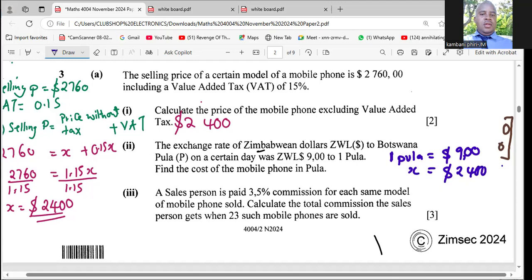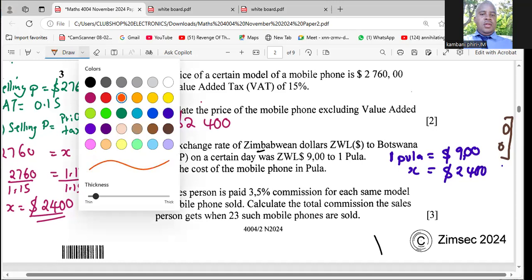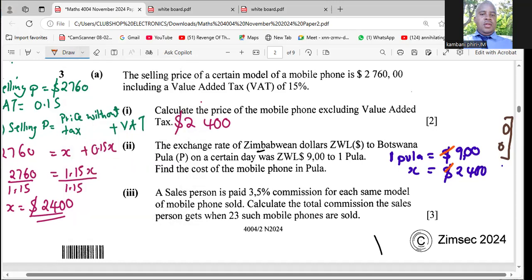Okay. So we can just get rid of the units. Then it means your X will be equal to 2,400 divided by 9. And when you divide, you're going to get 266.6666, so on and so forth.